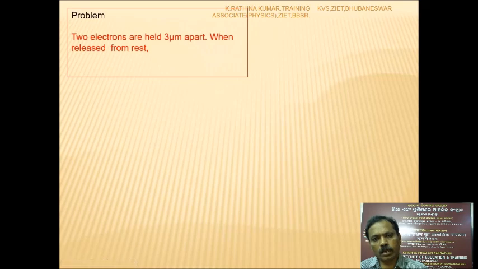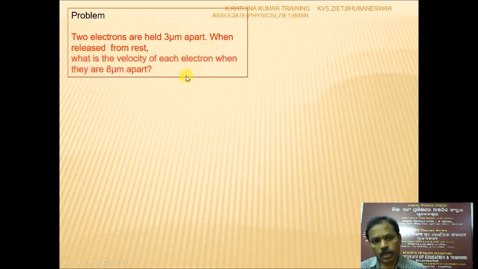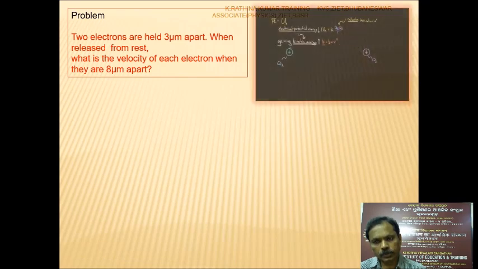Two electrons are held 3 micrometer, 10 power minus 6 meter, apart, when released from rest. What is the velocity of each electron when they are 8 micrometer apart?